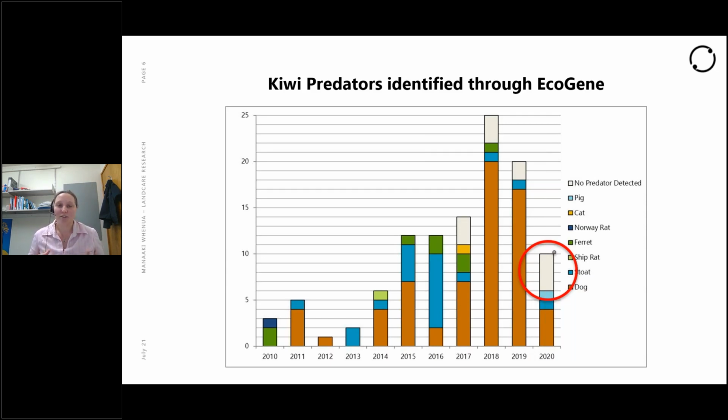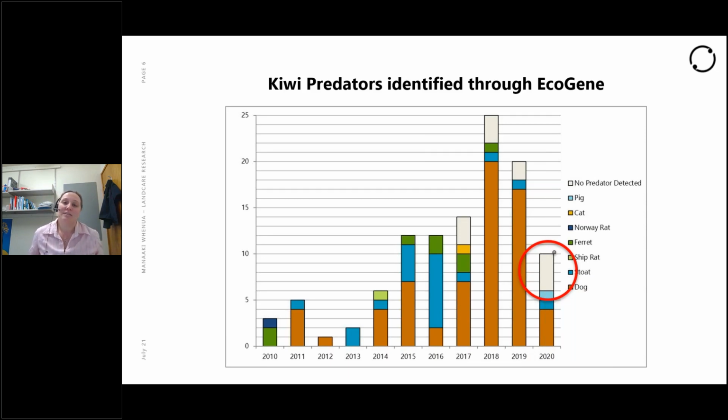I don't think that means that there were fewer predations happening in 2020. Sadly, I don't think the stoats and the dogs got the memo that they were supposed to stay home and be kind. I do think they were still out there killing our kiwi. But again, all of you lovely people, you weren't able to get out in the same numbers that you were in 2019.